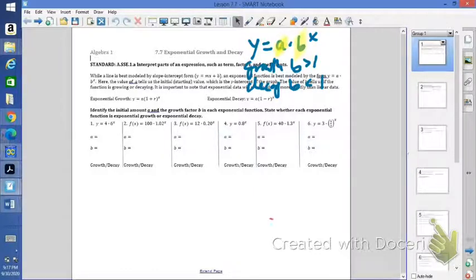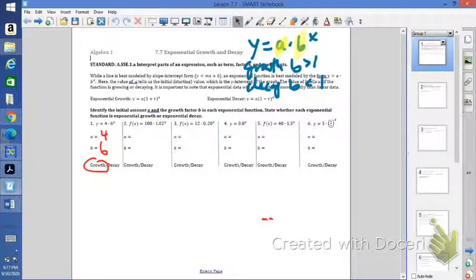So our a is going to be 4. Our b is going to be 6. And since 6 is greater than 1, we're going to have growth, exponential growth.